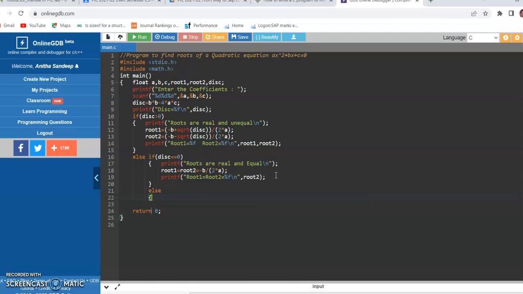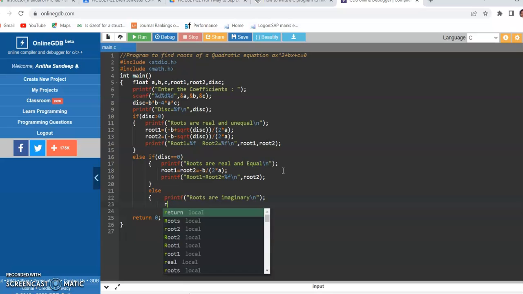Else printf roots are imaginary. The real part of the imaginary root I will be storing in root 1.